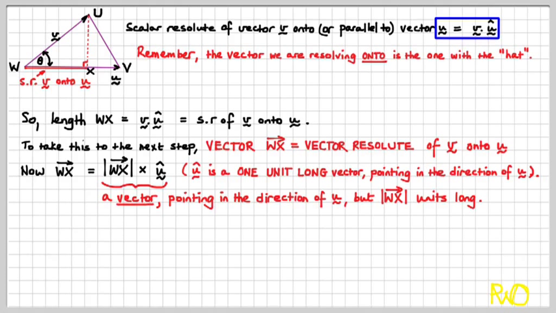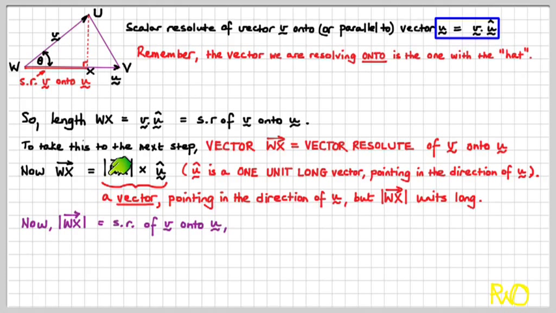Okay, so now let's get your formula happening here in a neat vectorish kind of way. Therefore we're saying that the length Wx equals the scalar resolute of v onto u. So we're able to substitute that formula that we found up here. That's this one up here, right? We're going to put that in there.